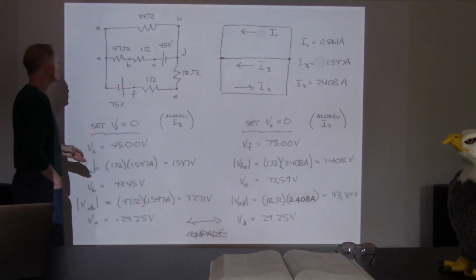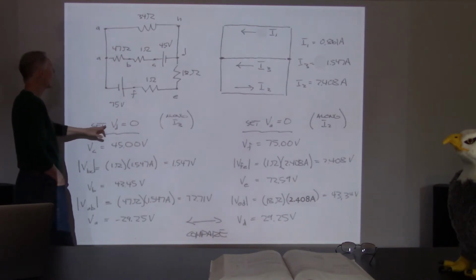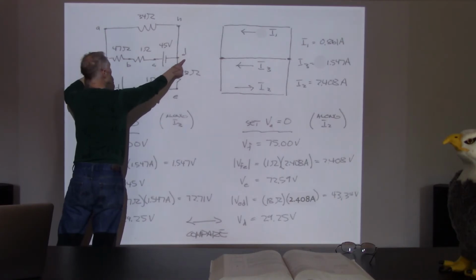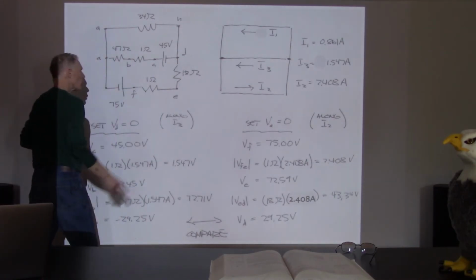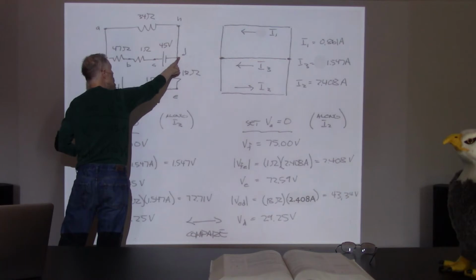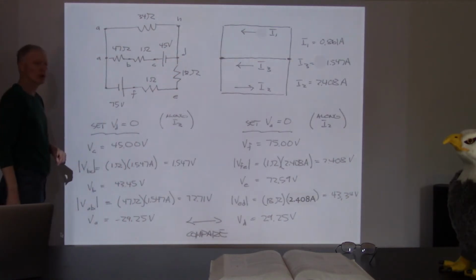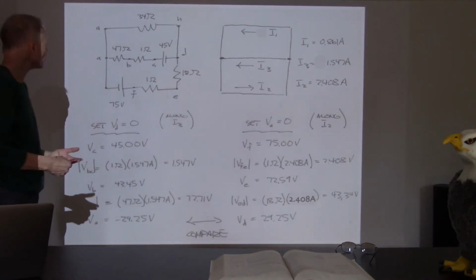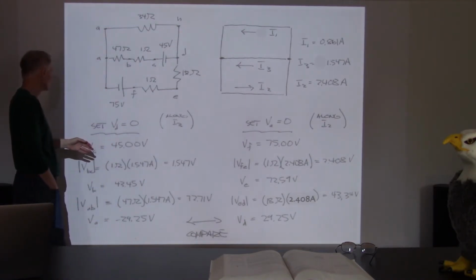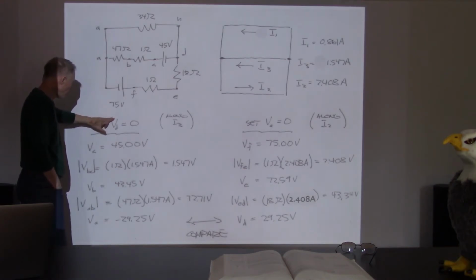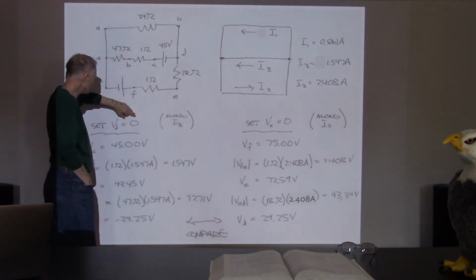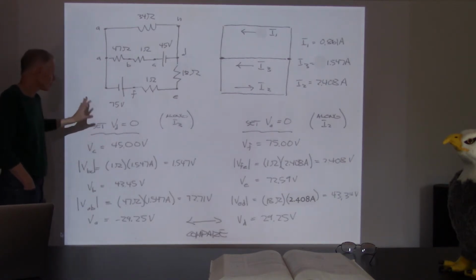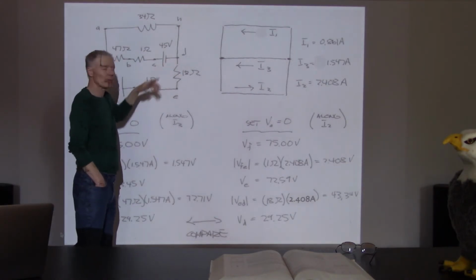So what you can do is follow these different paths. What they wanted us to do was find the voltage difference between here and here. So I started at point D, at the negative terminal. That's a common place to start counting voltage. If point D is defined as 0 volts, then at point C the voltage is going to be 45, and batteries are easy.